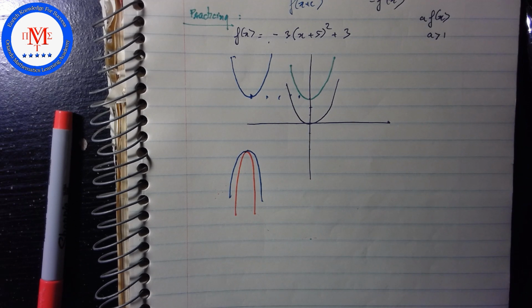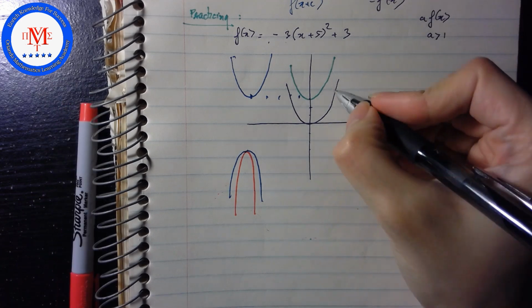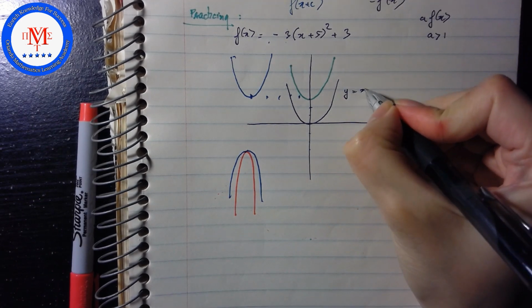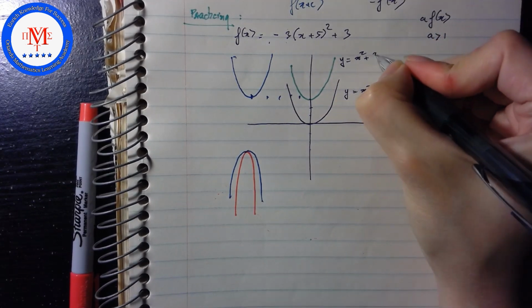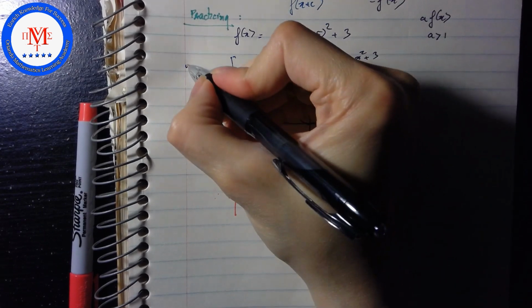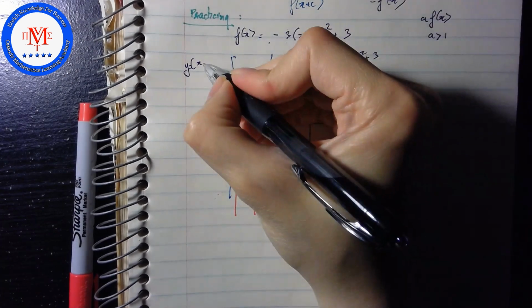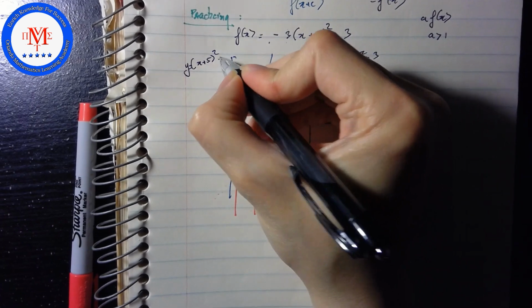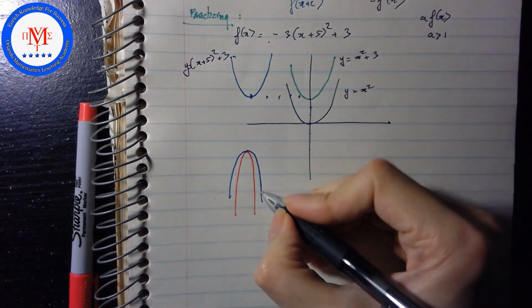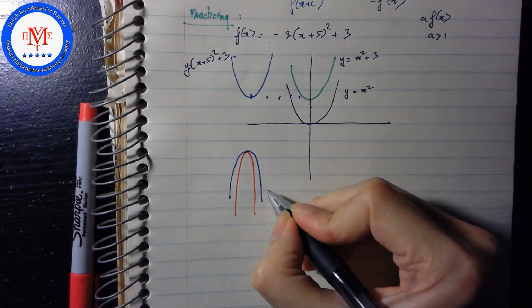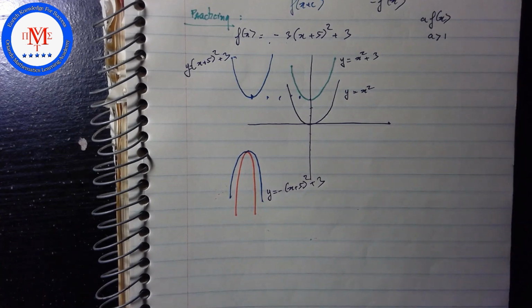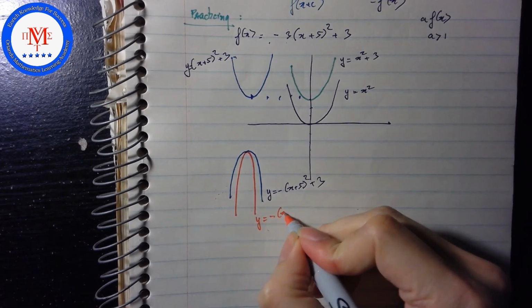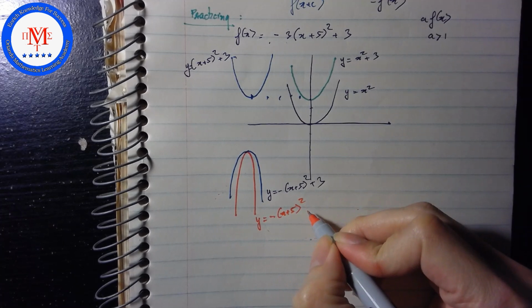So let me put the function so that you know this is y equal to x squared, and this is y equal to x squared plus 3. This is y equal to (x plus 5) squared plus 3, and the blue one here is y equal to negative (x plus 5) squared plus 3, and finally we have y equal to negative (x plus 5) squared plus 3 plus 3.